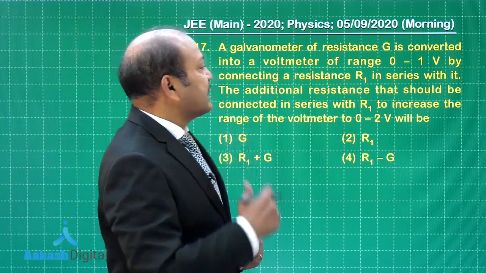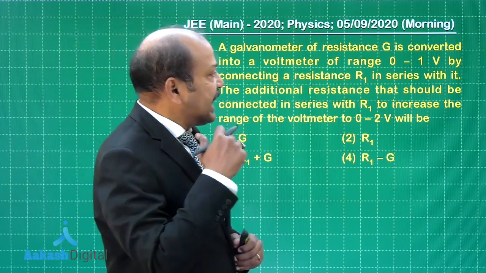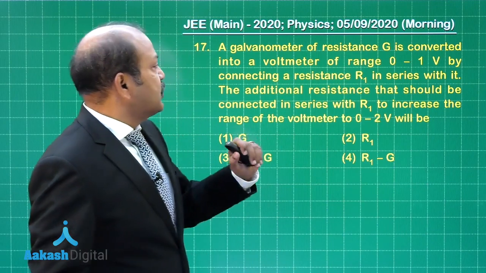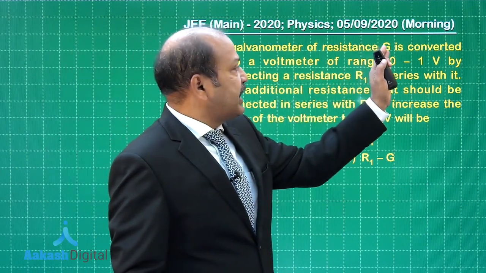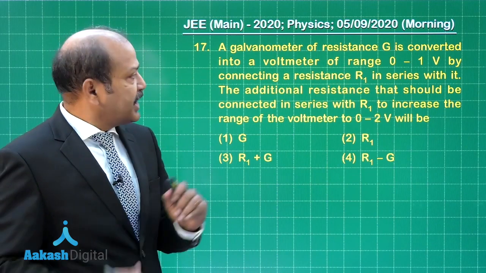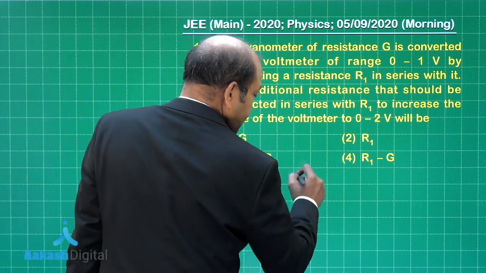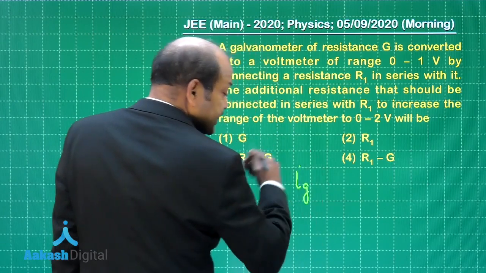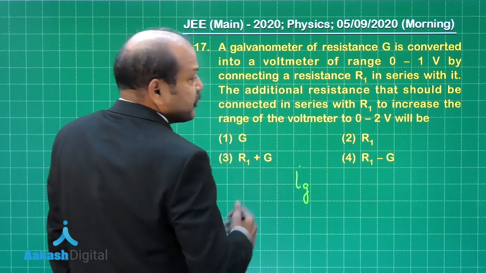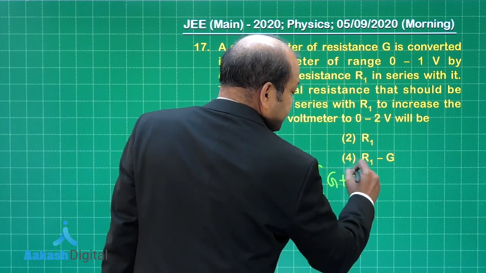Now, let us assume that the full scale deflection current is Ig, and the equation that we will get is Ig multiplied by capital G plus R1 is equal to 1 volt. Let us write that. We have Ig, the full scale deflection current in the moving coil galvanometer, multiplied by capital G plus R1.